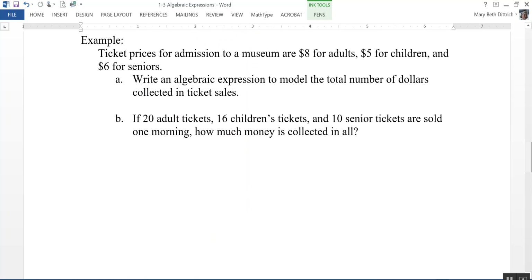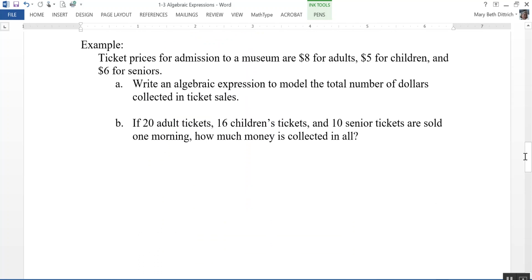Here's another example. Ticket prices for admission to a museum are $8 for adults, $5 for children, and $6 for seniors. The first thing we need to do is write an algebraic expression to model the total number of dollars collected in ticket sales. So we know what the cost of each ticket is, but we don't know the number of tickets. For that, I'm going to need to assign some variables.